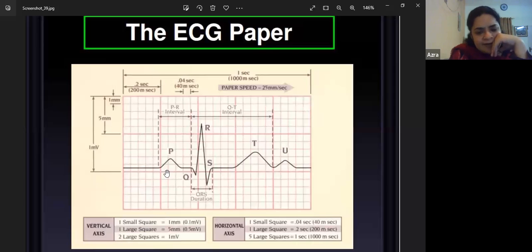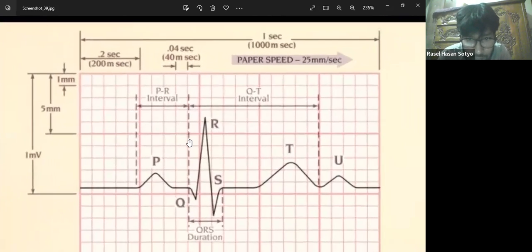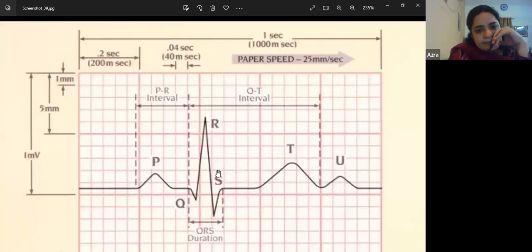So look at here, this is the voltage, and this is the time period, like P, then Q, then R. The distance from the initial point of P till this point of R, as we studied, is the PR interval.